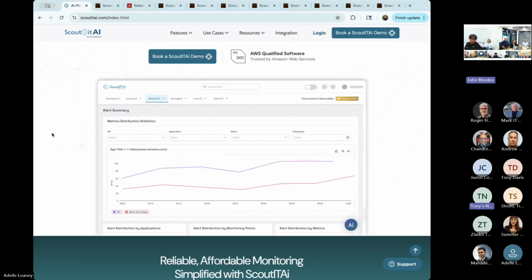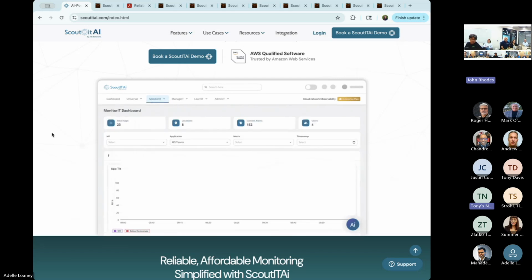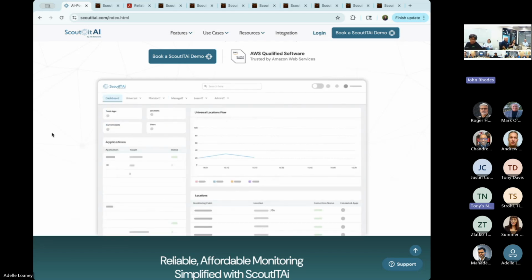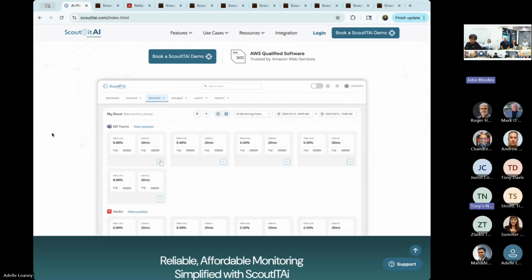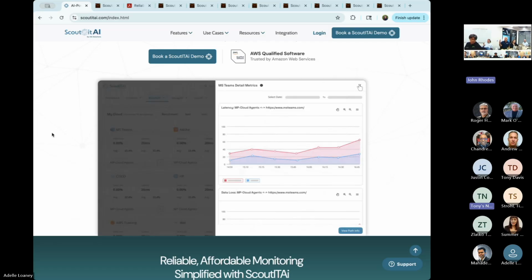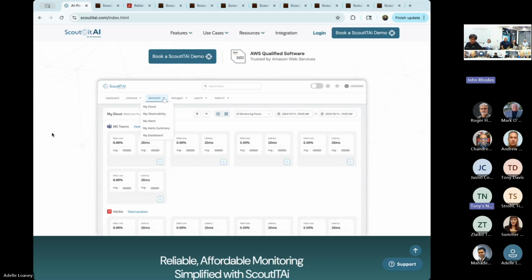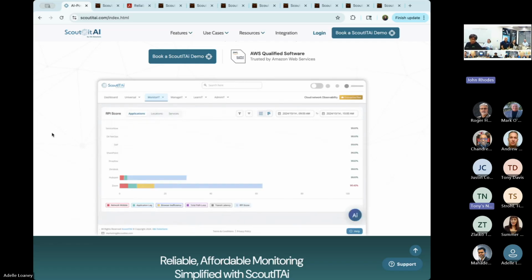As part of that monitoring, we're looking at all of your different applications, locations, and services, and pulling that back into a unified view for you in ScoutIT AI.